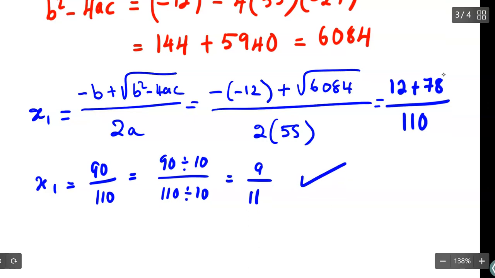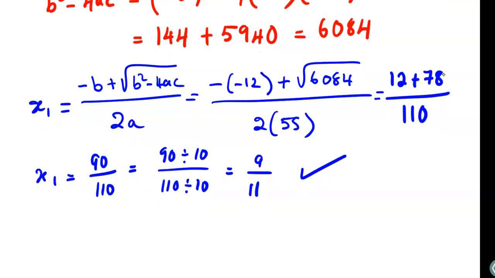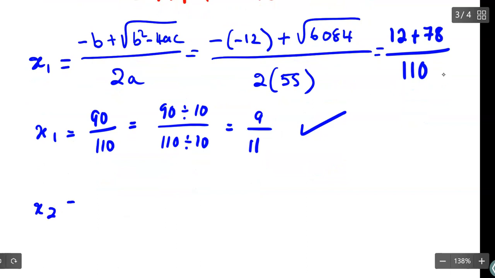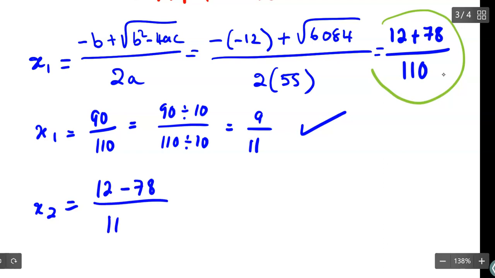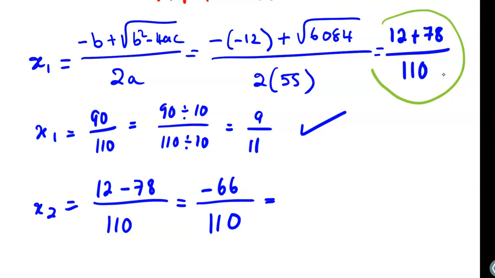So one solution already. And the next solution, x2, I will take it from here. So that will be positive 12 subtract 78, divided by 110. So 12 subtract 78 should give me negative 66 divided by 110.